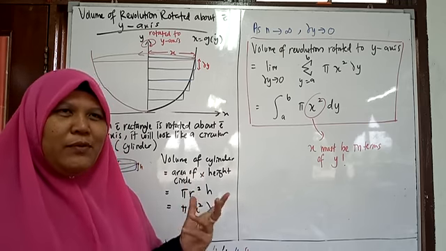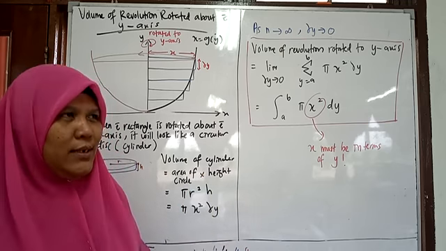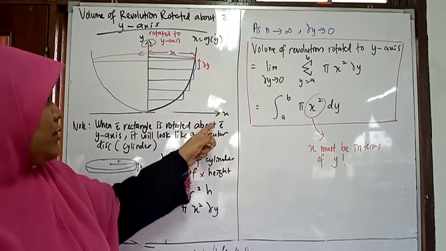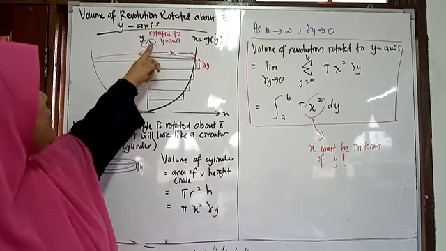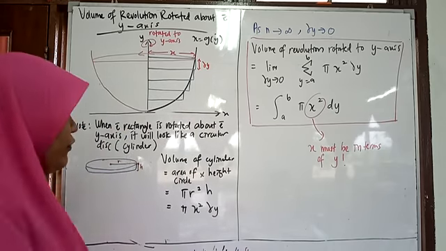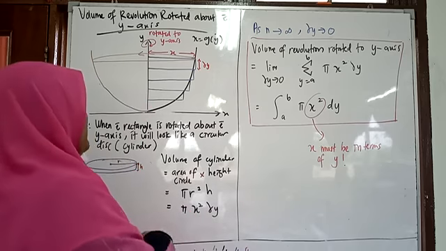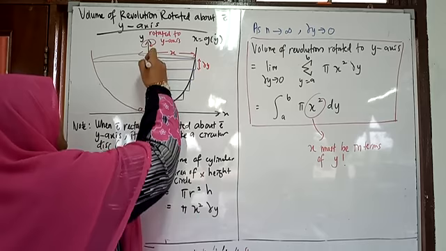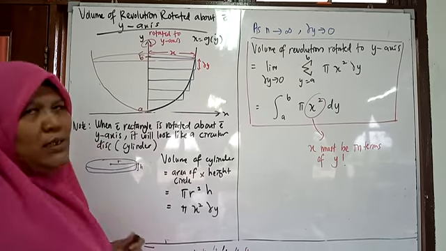The concept of the volume is the same as x-axis, okay? It's just that if x-axis we rotate here, but y-axis we rotate to y. And the limit involved, of course, will be on the y-axis. So this is our A, this is our B, okay?